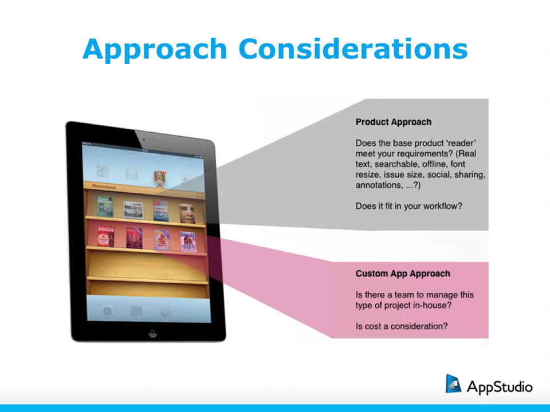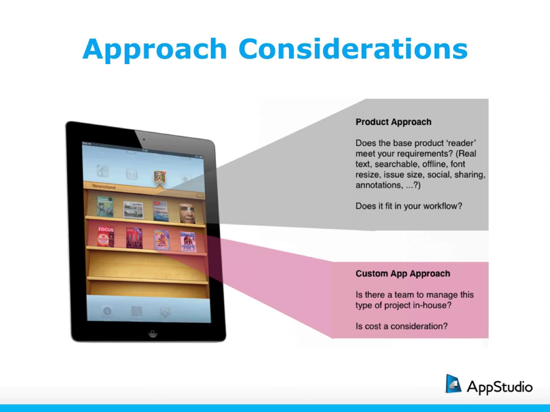Obviously, a custom app is going to give you the most flexibility, but in our experience, we've noticed that there's a new skill set required in managing the development of a custom app, and there are some consequences in terms of the way you could support broader devices as new devices come out.